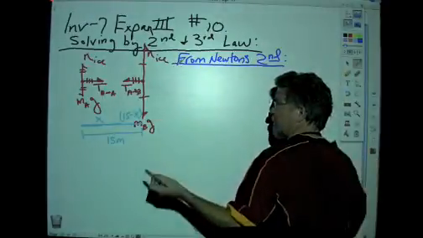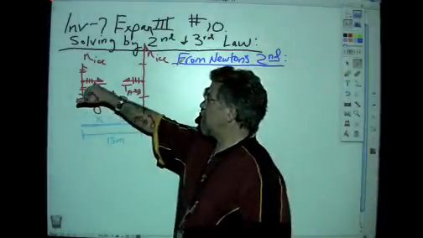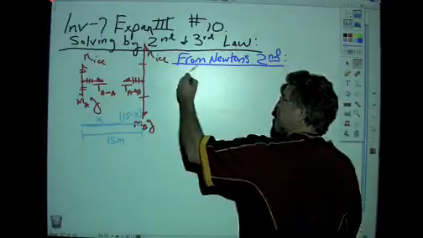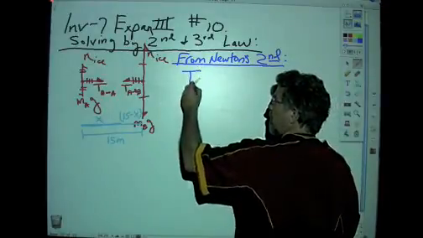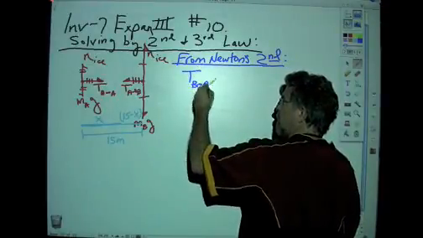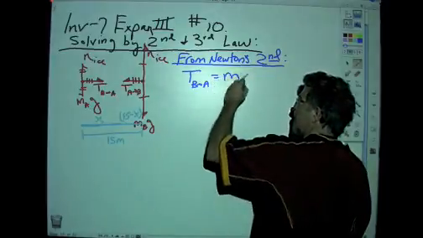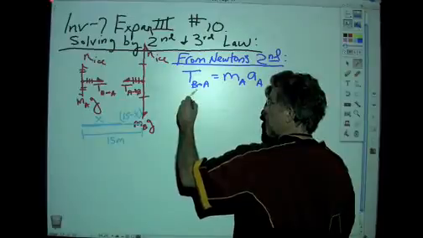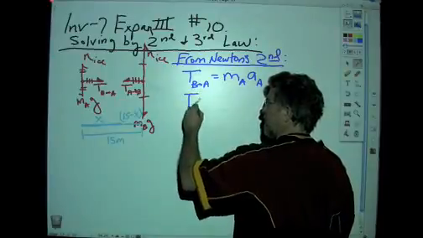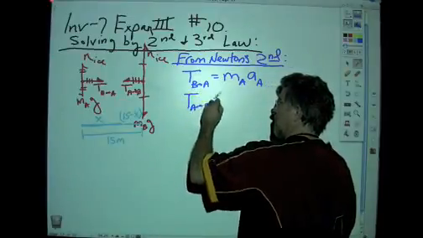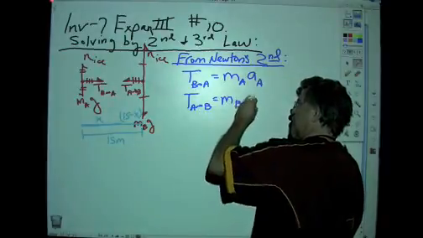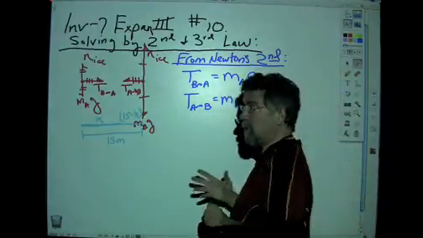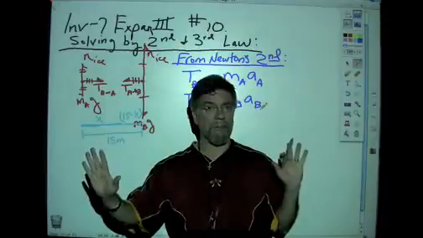We have F equals ma, so in the x direction on the seal we have T of B on A equals the mass of A times the acceleration of A, and then for Joe and the sled we have T of A on B equals the mass of B times the acceleration of B. Now, I haven't connected them up yet. Those are just two separate free bodies.